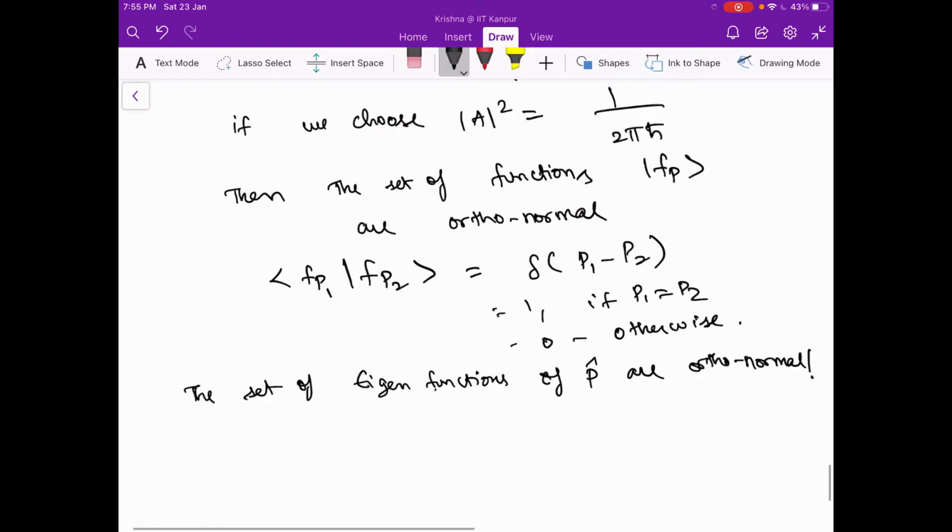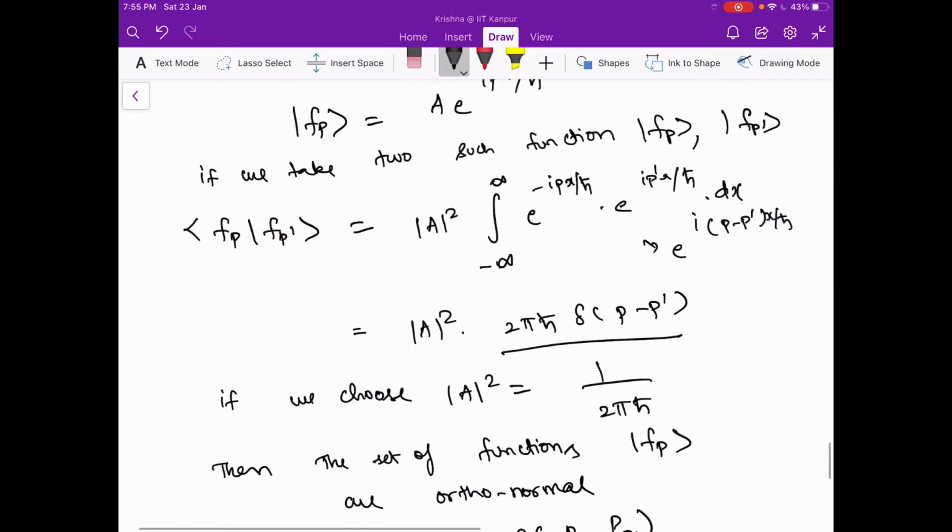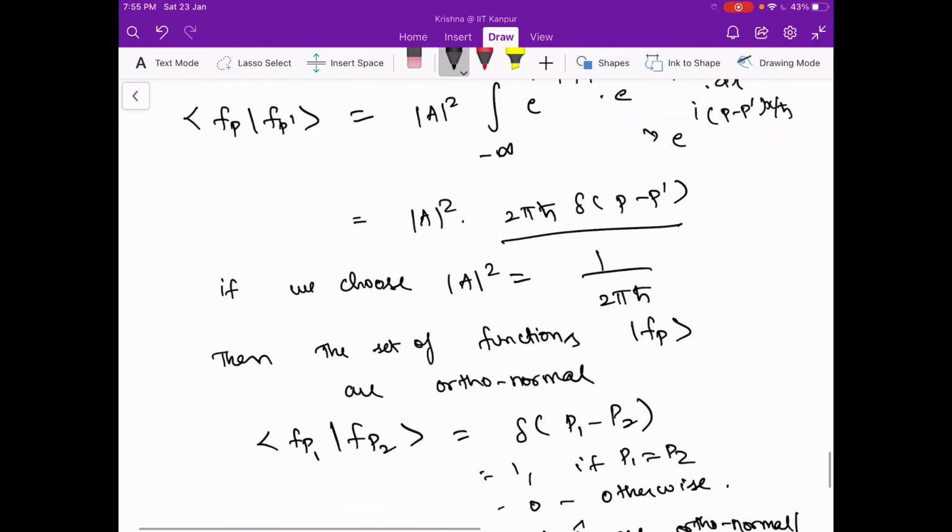and of course these are all waves, right? So basically e power ikx is obviously a wave.